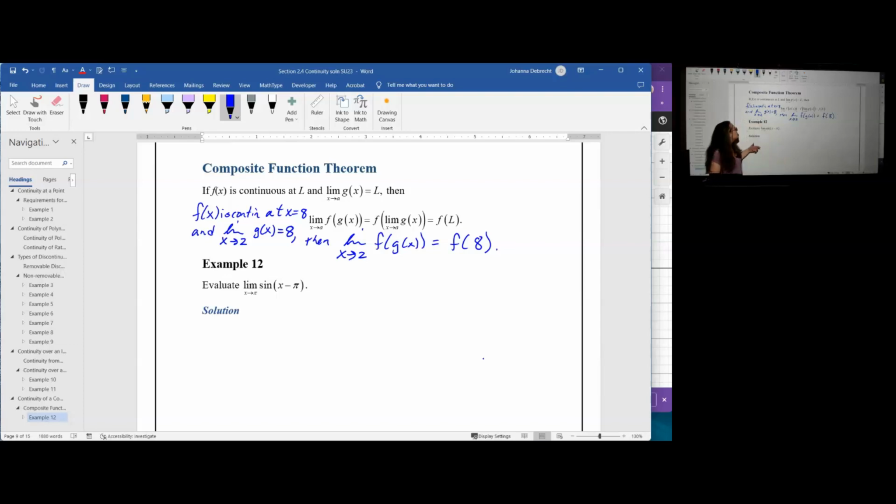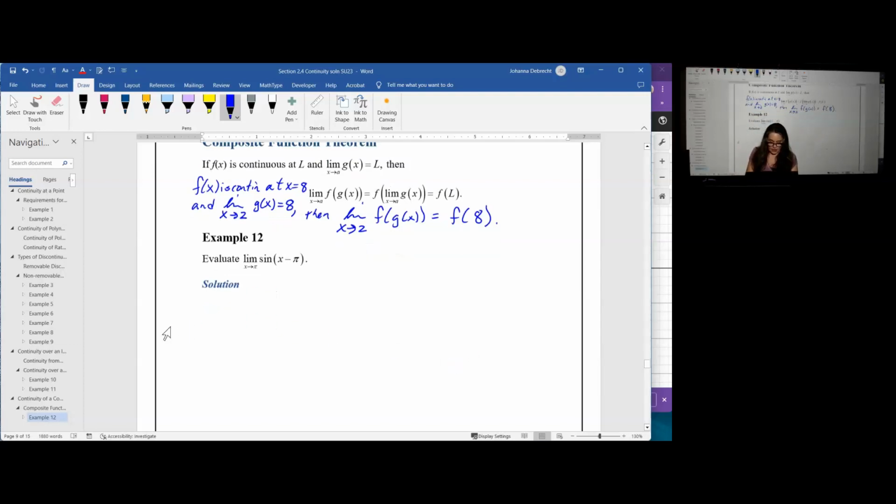As long as I know that g of x is going to give me a limit value here, and I know f is continuous at that value, then I know that the limit of the composed function will be the outside function at the value of the inside limit.